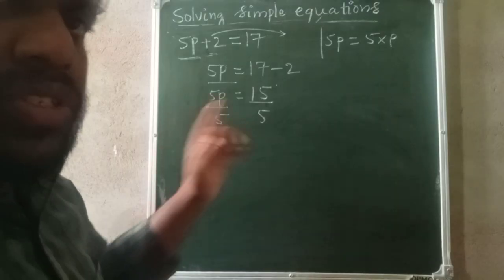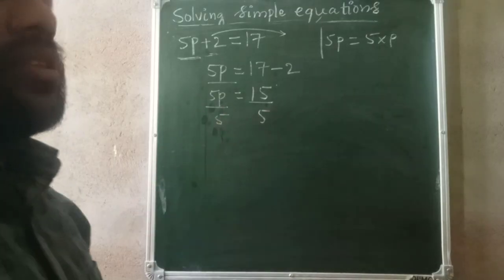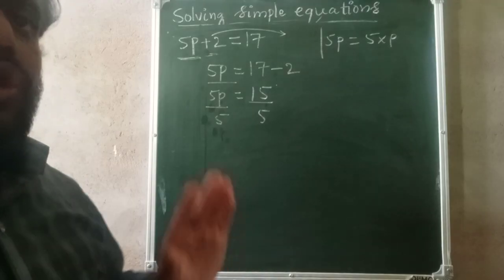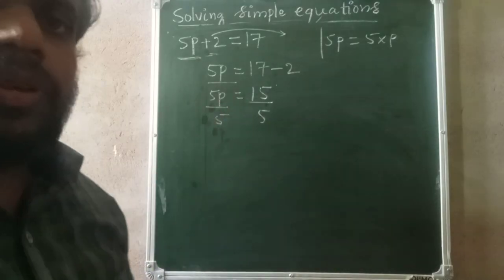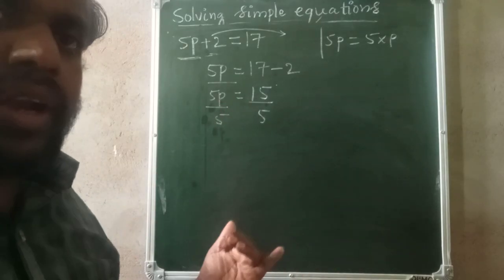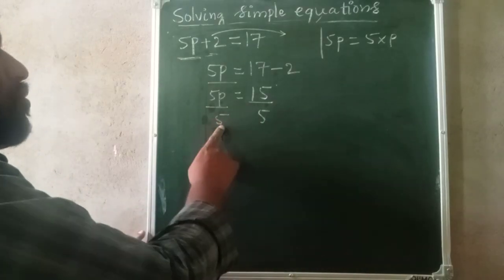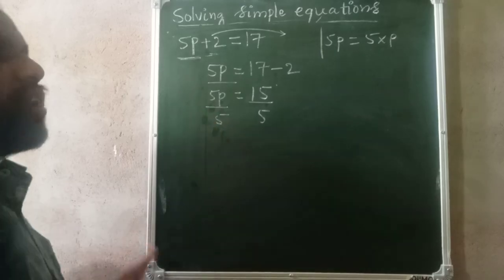If you divide both sides by 5, then there won't be any error. The equation will be balanced. If you divide only this side, then it will be wrong. So you have to divide both sides by 5. Why am I dividing by 5? To remove this 5.